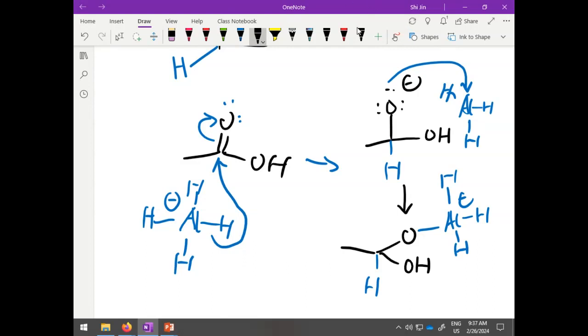And then, because aluminum is an element that has a very strong oxophilicity, this bond can actually break, so this whole thing can actually leave. So you can consider that eventually all the hydride can be given, so that this H could become connected to the other alkoxide, OH, OH.